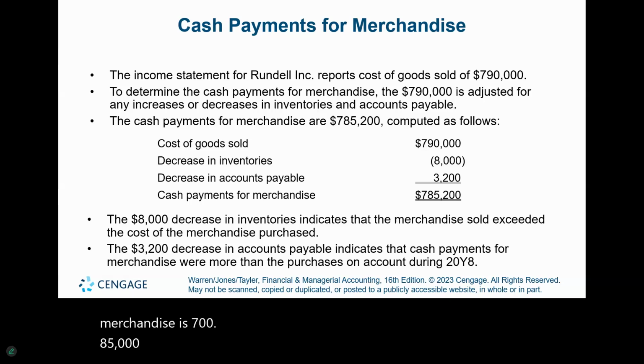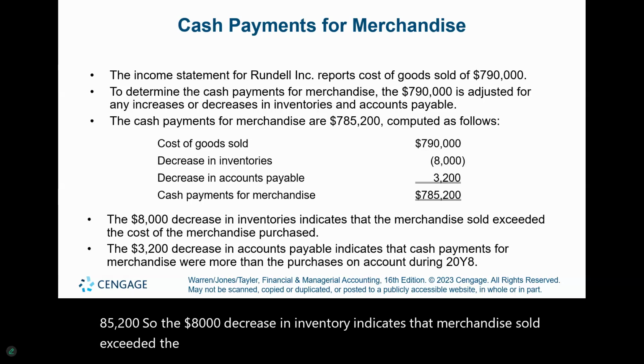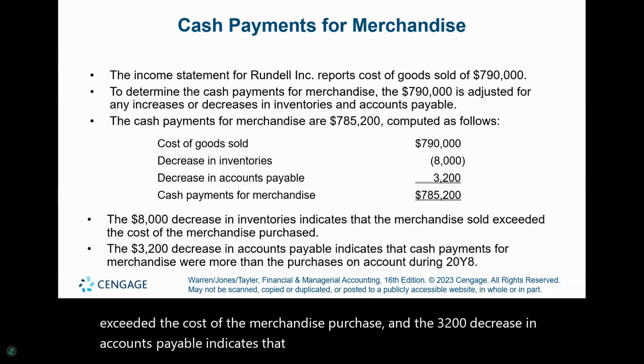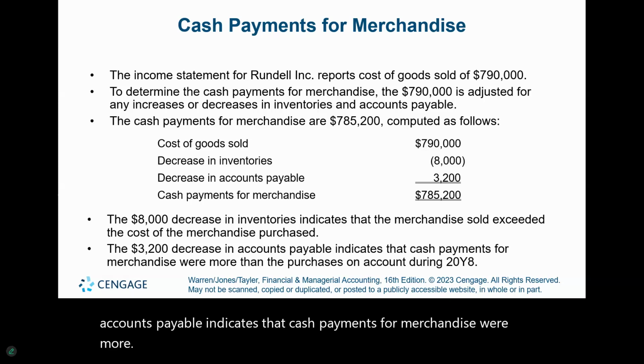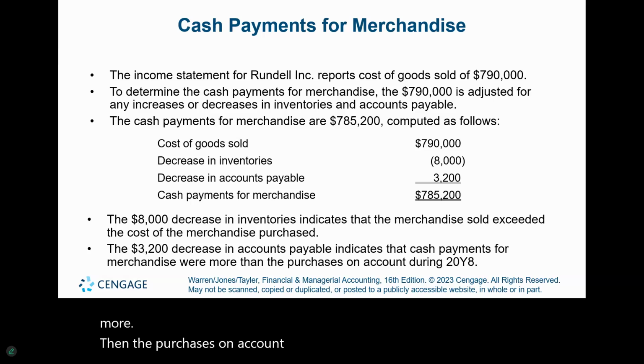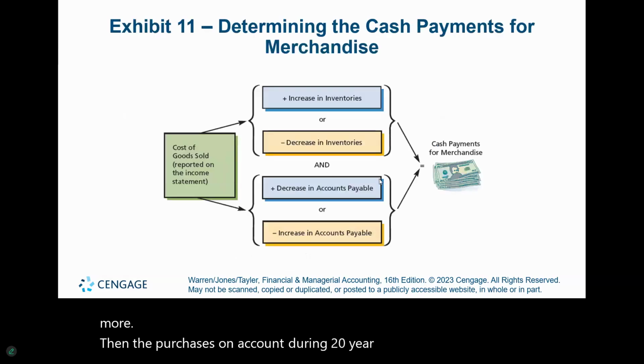The $8,000 decrease in inventory indicates that merchandise sold exceeded the cost of the merchandise purchased. And the $3,200 decrease in accounts payable indicates that cash payments for merchandise were more than the purchases on account during 20-year 8. So again, all of this basically goes back to logic.